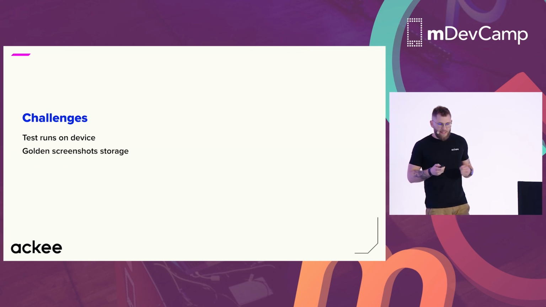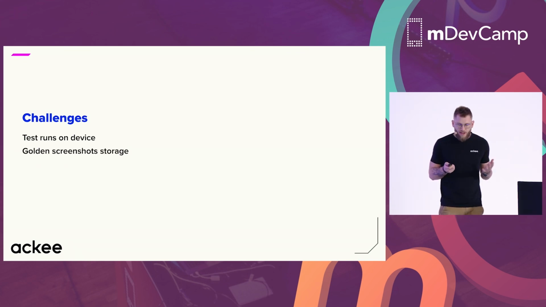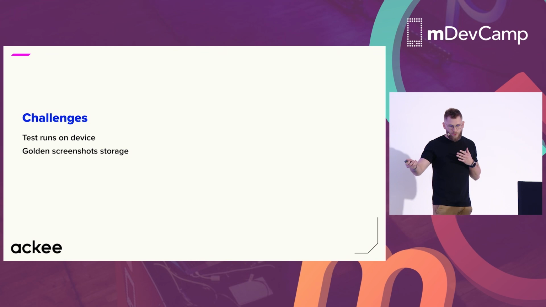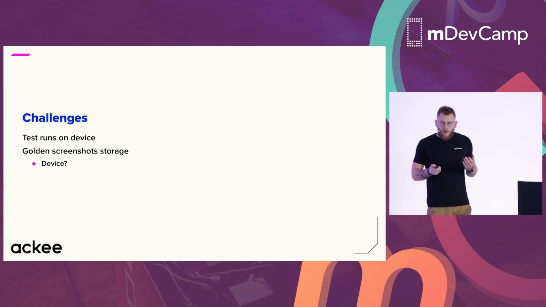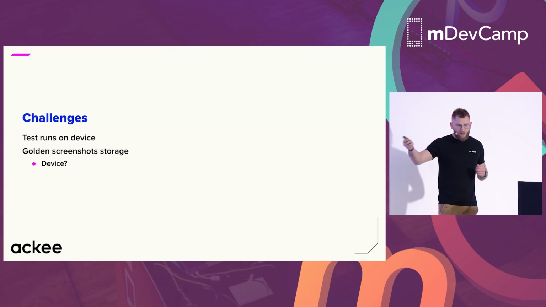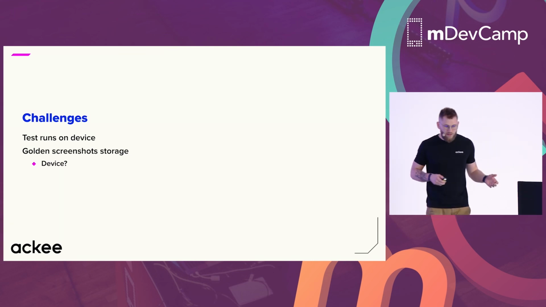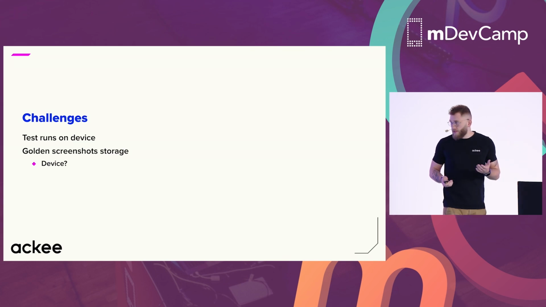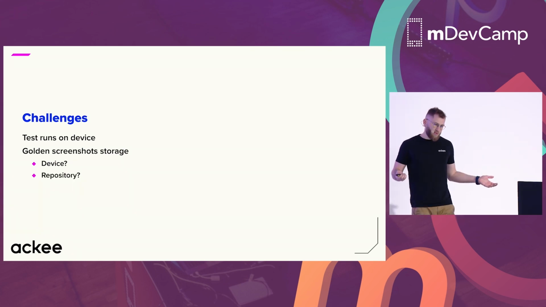And is it where I would like to have my images stored? Probably not, because probably you want to run your test in a CI, which is not the same device as you are testing it locally. The memory of the device can grow quickly and so on, so it's probably not the best place to store them. So you probably want to store them in your Git repository.